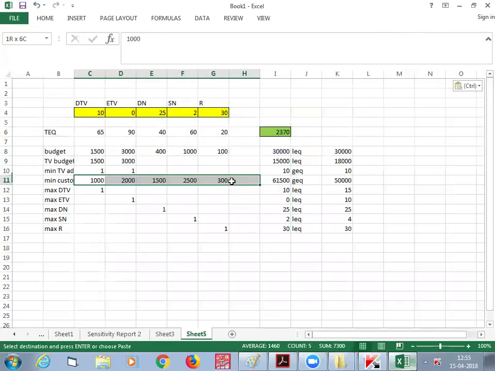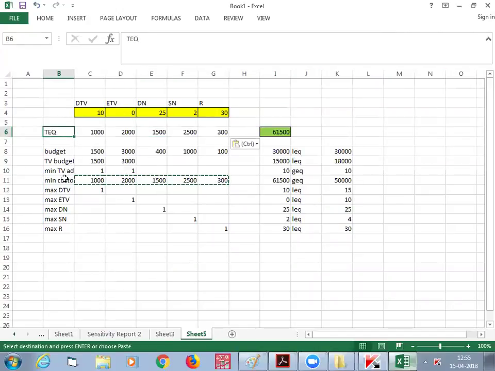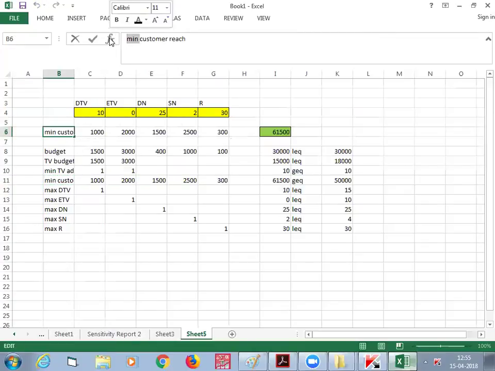So I'll take my customer reach coefficients and copy them here. Forget about exposure quality. I'm looking now at customer reach. What is my total customer reach?